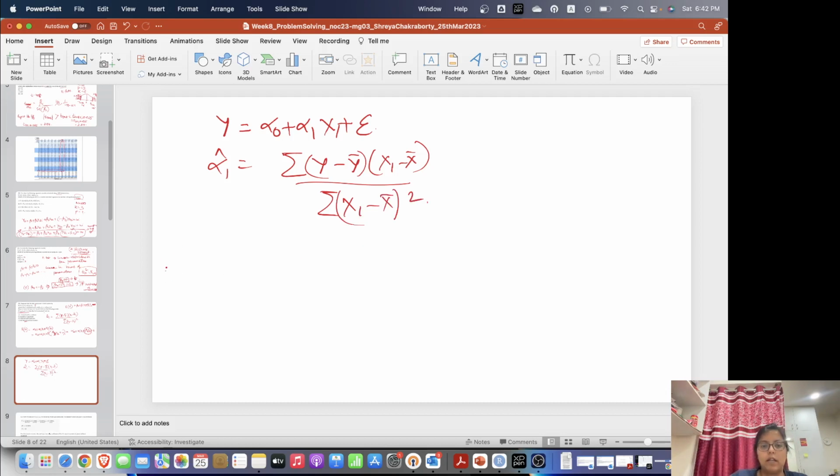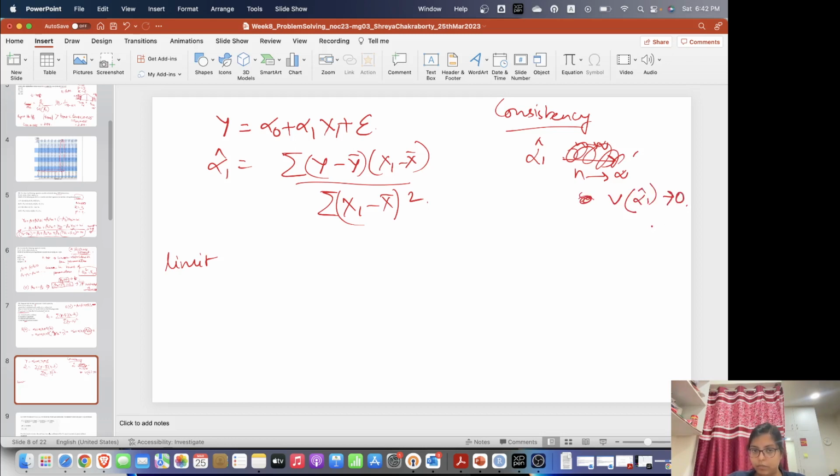Now, in the limit, consistency means that as n tends to infinity, the variance of the sample values should go to 0.